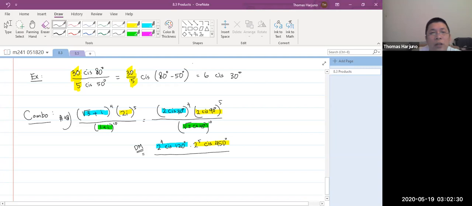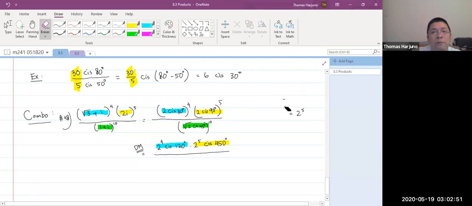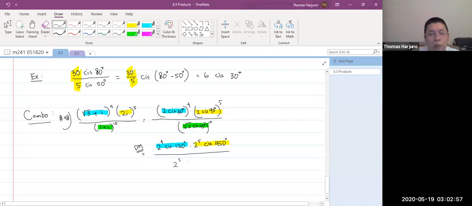Radical 2 to the 10. Radical 2 to the 10 is 2 to the power of 1/2 to the power of 10. That's 2 to the 5th, which is 32. Oh, let me just write it as 2 to the 5th. So C is what?